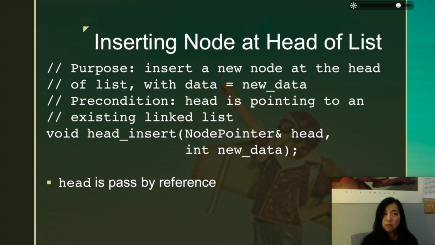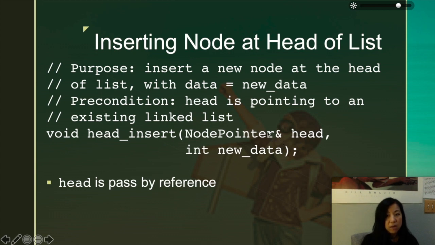Think about why. Very simple. In the case where head is not pointing to anything yet, it's pointing to a null pointer, and if we are not passing anything back, no matter what we created here, head would still be pointing to the null pointer when we finish this function.